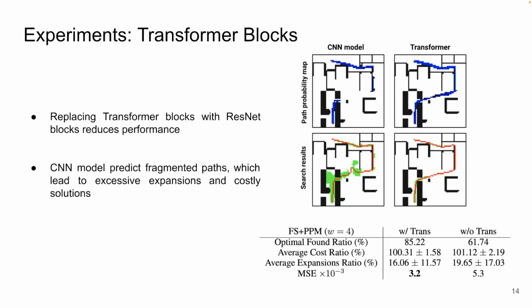This confirms our hypothesis that the transformer is crucial to capture the global patterns and interdependencies between the local features of the maps. In this example, it was able to detect that a prolonged path segment is needed to connect two waypoints located in different parts of the map.